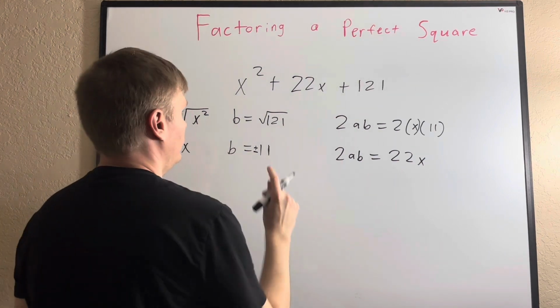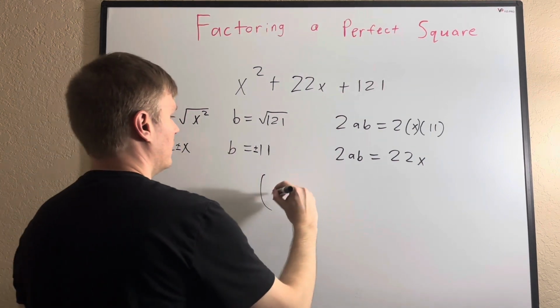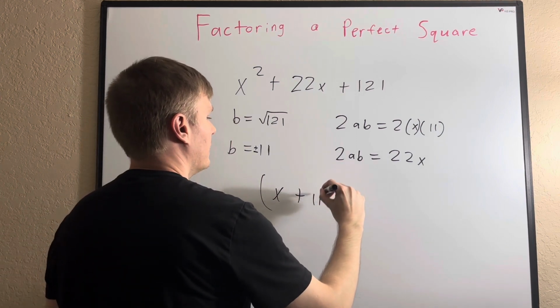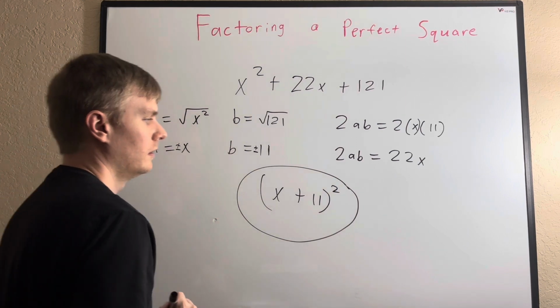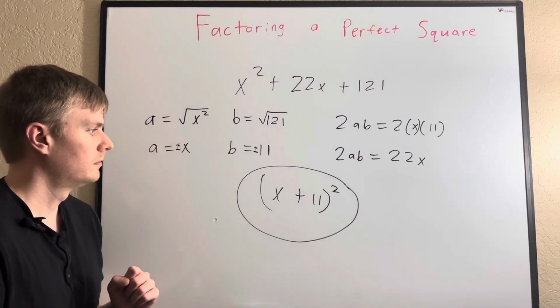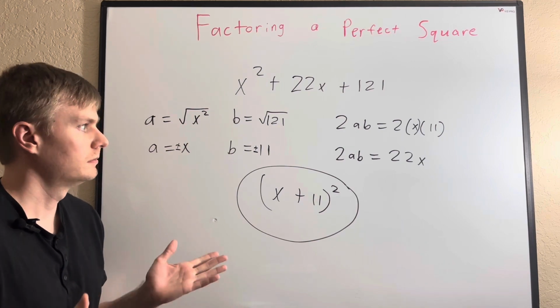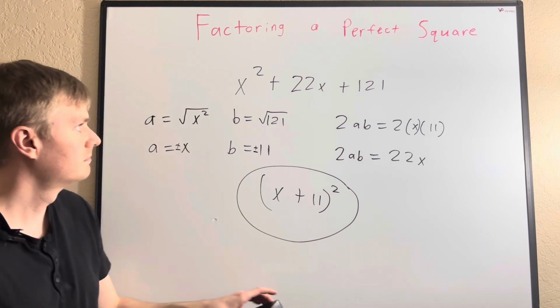We're good. So what's our answer? A plus b quantity squared. Boom. That's all there is to it. It didn't take too long, did it?